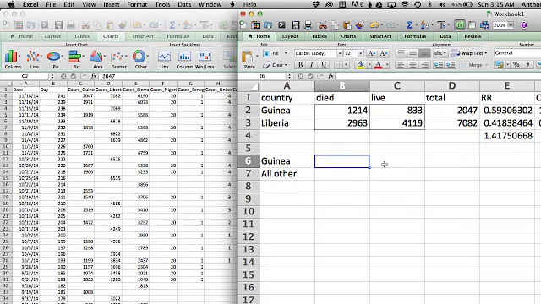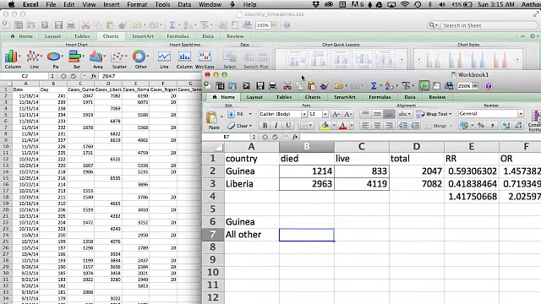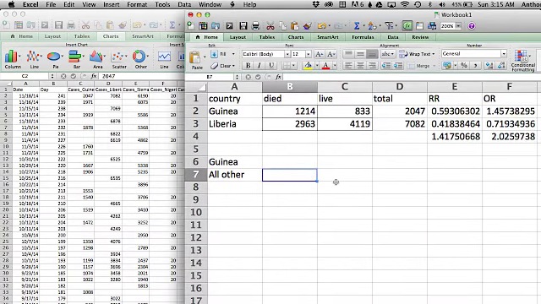This, of course, would be 1,214 over 833, and the total would be the total number of cases for all of these countries, and the number of people that died would be the total number of deaths for all the countries other than Guinea. And you could do this for each individual country if you wanted to, or only selected countries.